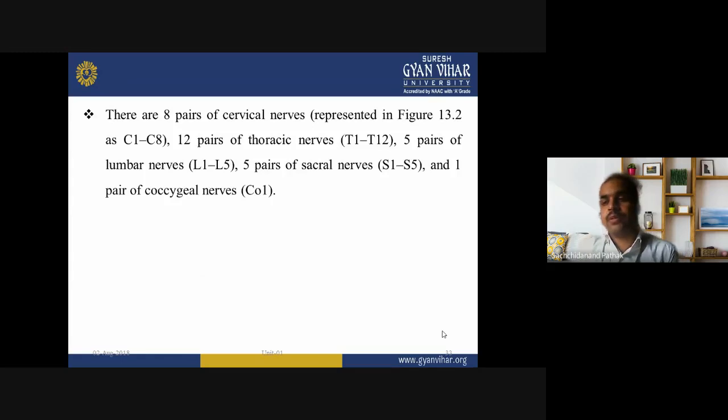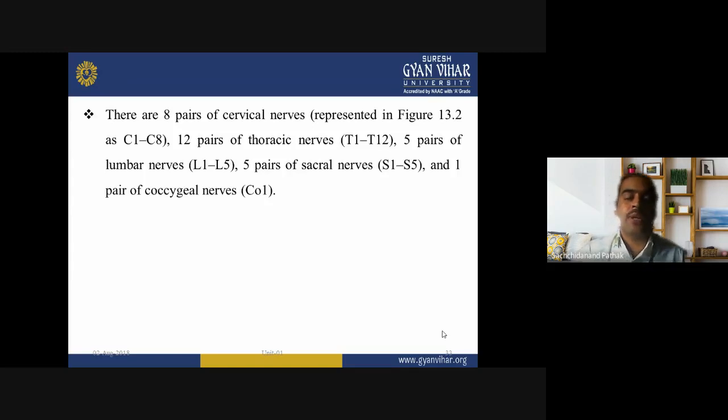Now remember the vertebral column segments: C7, T12, L5, S1, C1. सर्वाइकल 7 थे, थोरेसिक 12 थे, लंबर 5 थे, एक सैक्रम एक कॉकेक्स, तो 26 वर्टिब्रा होते थे. But here you can see there are 8 pairs of cervical nerves, दोनों तरफ से निकले हैं, C1 to C8.